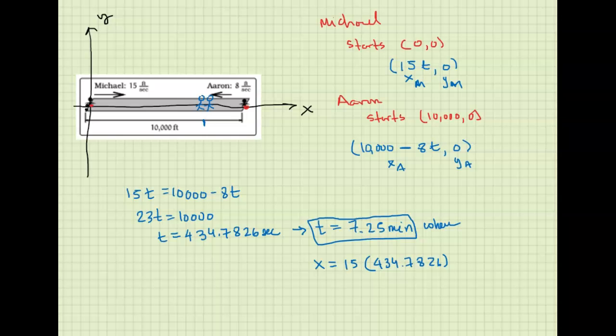It's convenient to express your answer in minutes, but to match the units, because your speed is 15 feet per second, you want to use the time in seconds, otherwise you're mixing units. So 434.7826 gives 6,521.74 feet.